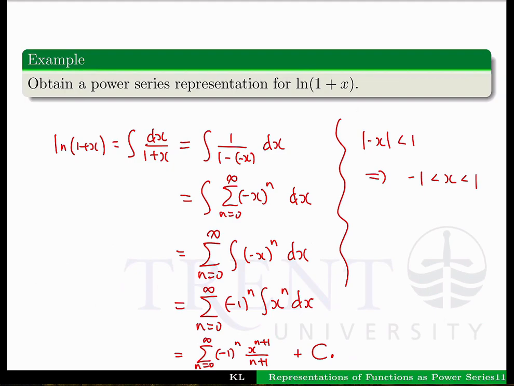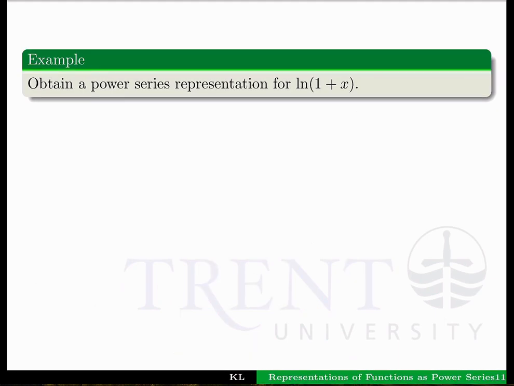Now, when integrating power series and power series representations, an additional goal is to find the value of c. So how does this work? When integrating, you need to find that specific value of c.